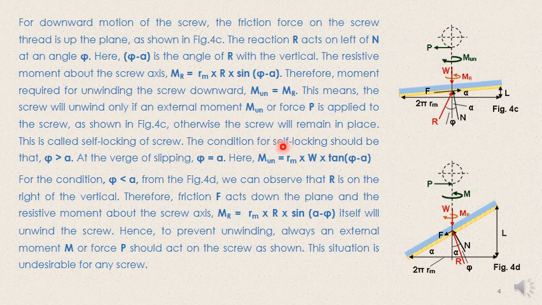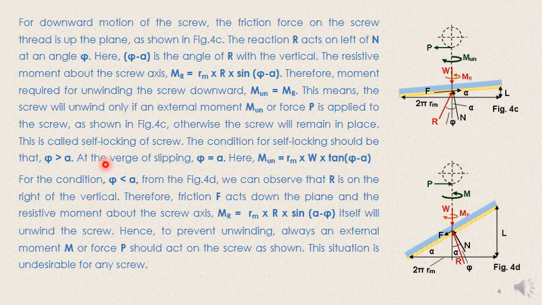So what is the condition for self-locking? Your phi should be greater than alpha, as you can see. That means this angle of friction is more than alpha, so that's the reason this R has come to this side. Therefore you are getting a resistive moment in this direction, and that requires a moment of this nature to bring it down.